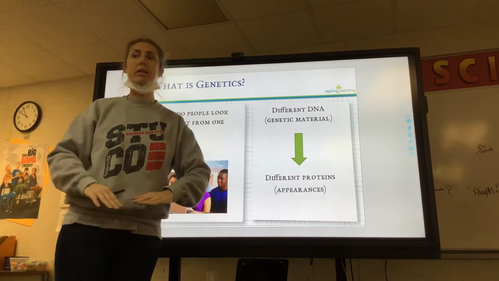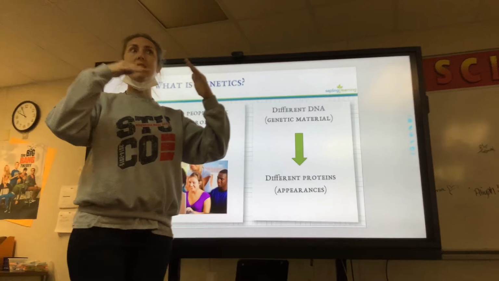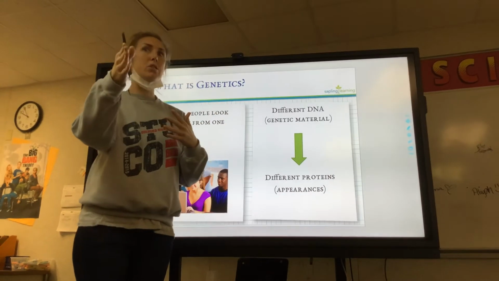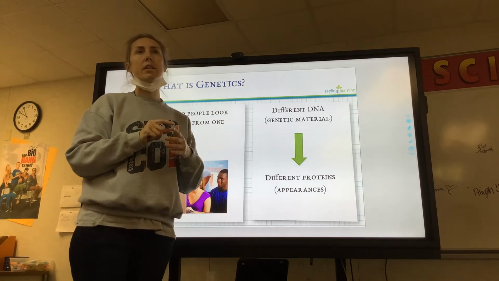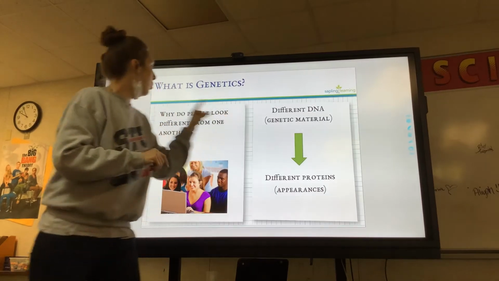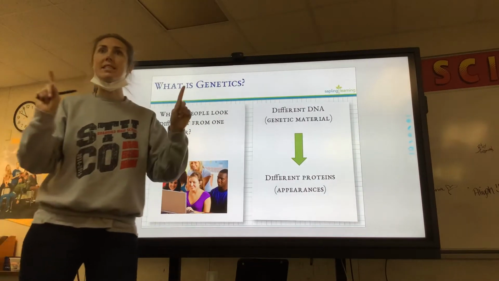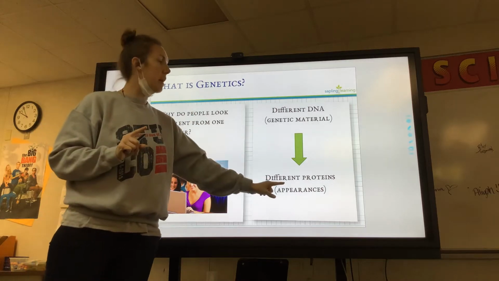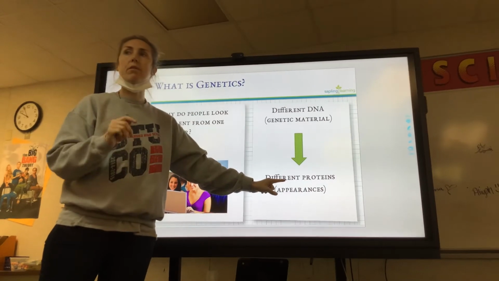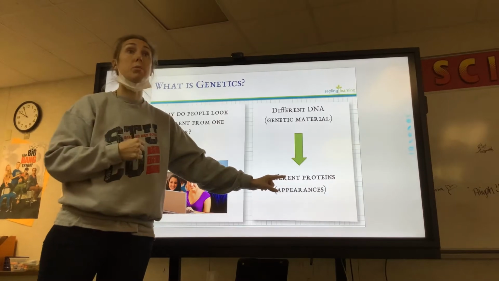The protein that makes me this tall is in a different amount than the protein that makes you your size. So technically, yes, we look different because of our DNA, but it's technically the proteins that build us. So we look different because of the different proteins we express.